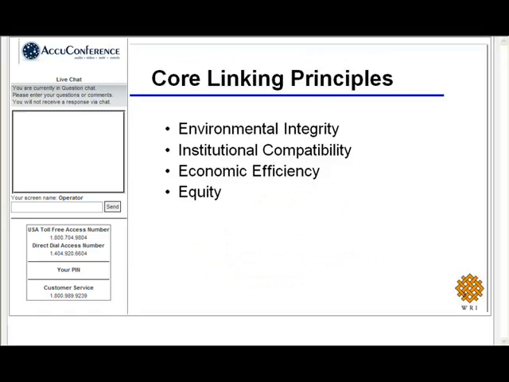The first being environmental integrity, and that, more specifically, you want, if you have a cap and trade system, first and foremost, you want to limit the emissions within your system to the level of the cap.